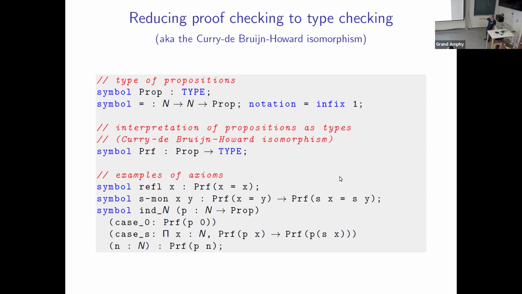Or I can also have, at the meta level in the logical framework, some induction principle on that one. So it's just a declaration. I add it like a new axiom to the system, and I can use it to build proofs.